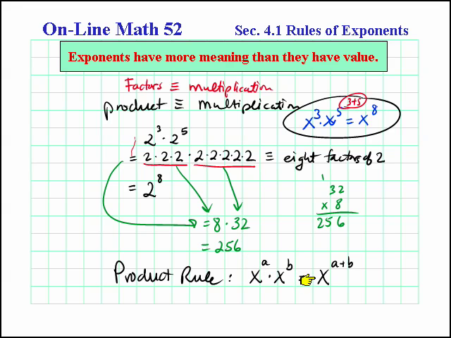Same base hasn't changed. This 2 never changed. It's always 2 times 2 times 2 times 2 times whatever it was. We only changed it when we found its value eventually. But if it were x, the value would never change. It would just be 8 factors of x, all multiplied together. Anyway, we add those exponents. Add the exponents. Okay?